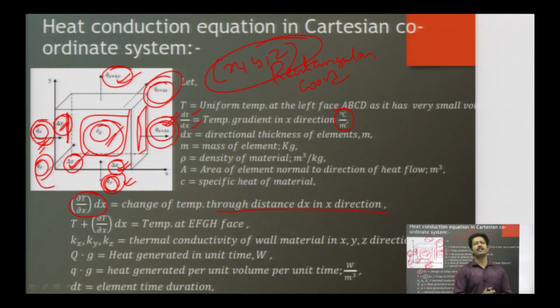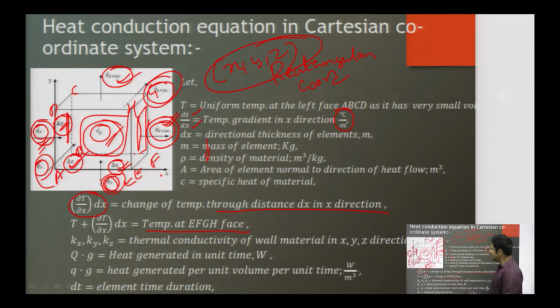So what happens is, we will take care here. The temperature at the EFGH face, now what do you understand by EFGH? Suppose this is my EFGH face, like E, F, G and H, and this is my A, B, C and D face.